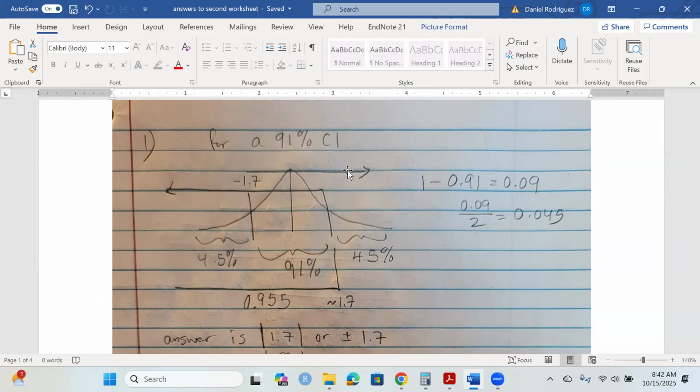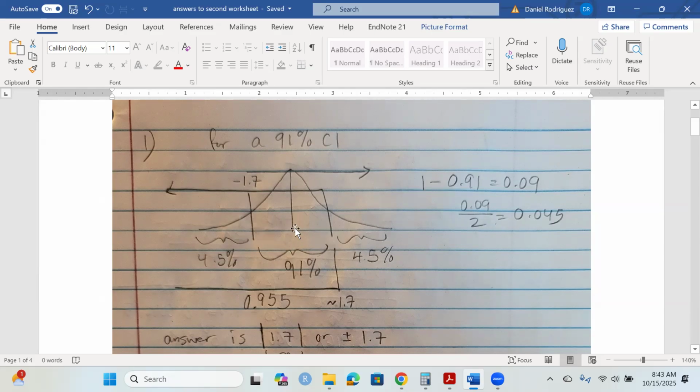The question here was a 91% confidence interval. It's kind of like I said, it's an odd one. So how do I approach this? Well, first thing I have to do is find where the cutoffs are for this 91% confidence interval. The confidence interval is the interval in which we believe the true population value resides.